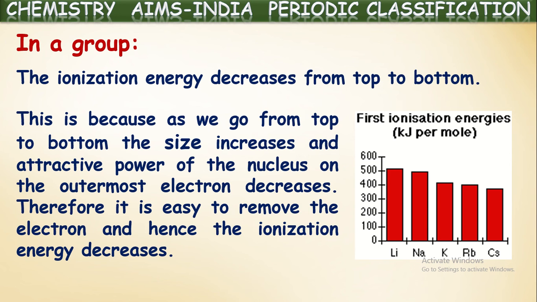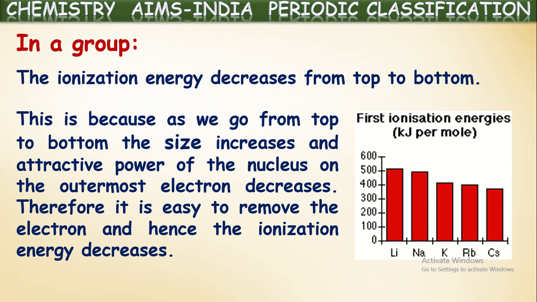In this group, from lithium to cesium, size gradually increases. As the size increases, the nuclear force of attraction on the outer electrons decreases, and hence those electrons can be removed easily, requiring less energy. Thus, we can say in a group from top to bottom, ionization energy decreases because size is increasing.